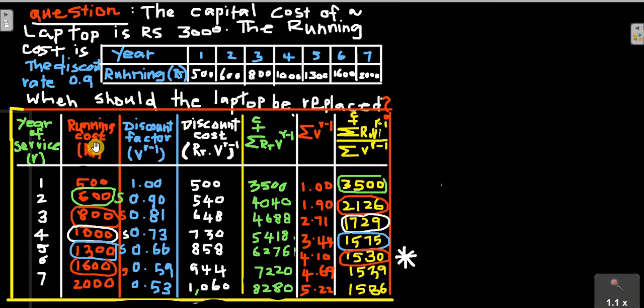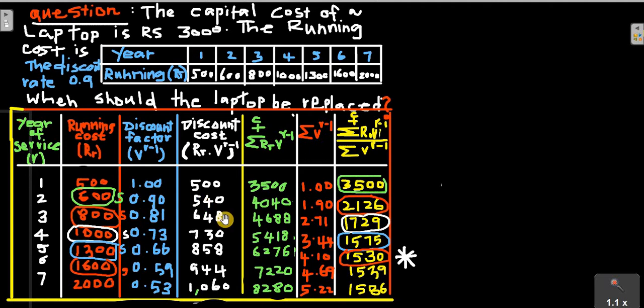For the first year, discount cost is 500 into 1, you will get 500. For the second year, multiply this and this: 600 into 0.90, you will get 540.